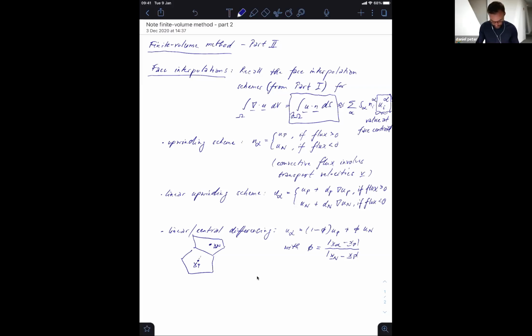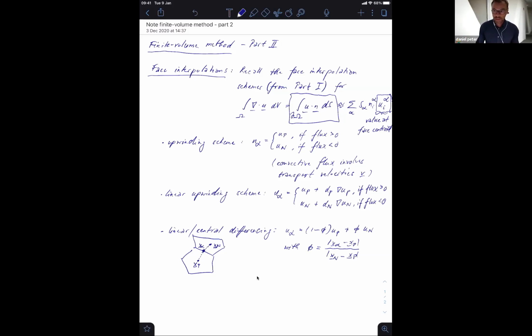And then for us, it would be finding the value at the centroid of the face, the common face between them, so at X_alpha. So this is then a linear interpolation between these.